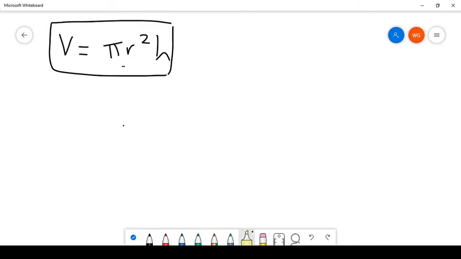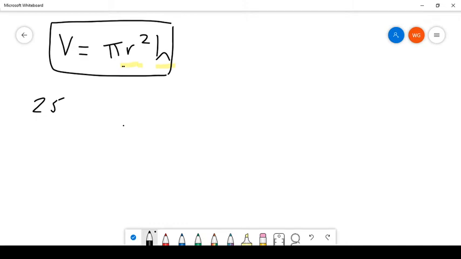Because as you see right now, as things are set up, we have two variables. We have r for radius and we have h for height. Remember, pi is not a variable, pi is a constant. Okay, volume, we know what that is, right? So let's go ahead and use our constraint equation to come up with an optimization function we can use for surface area. Okay, so volume, which is 25 pi, right?